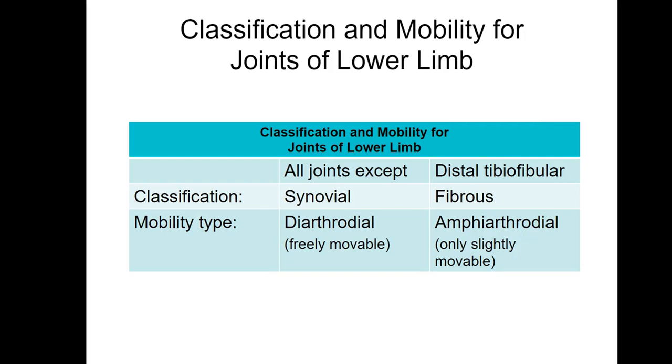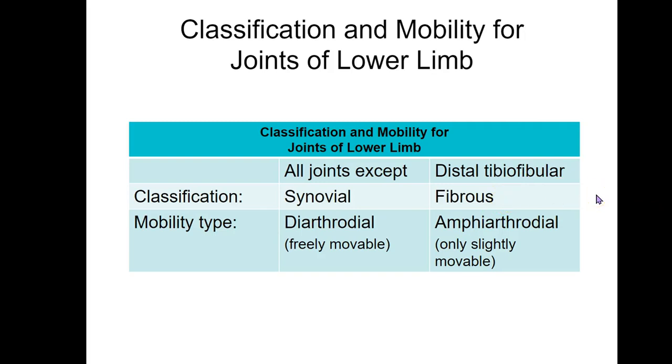Classifications of the lower limb joints. We won't spend too much time on this. What I need you to know is that all lower extremity joints are classified as synovial. Remember, that is their structural classification, except the distal tib-fib joint. Where the tibia and fibula meet distally, that is not a synovial joint, that is a fibrous joint.